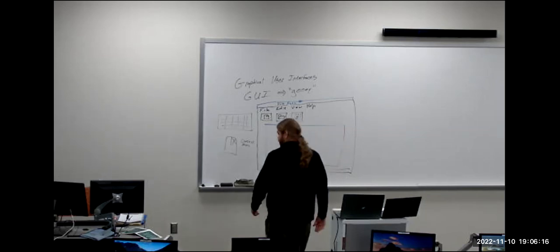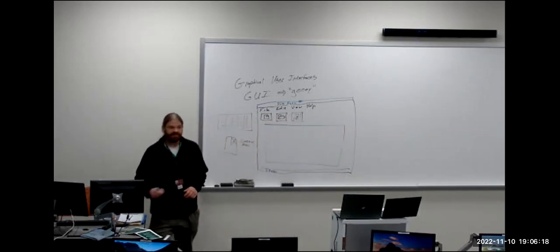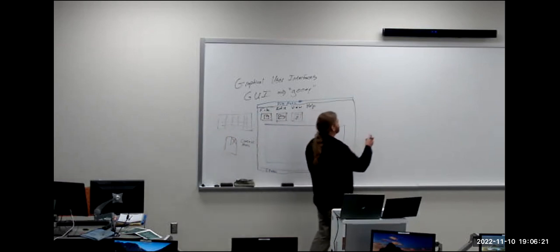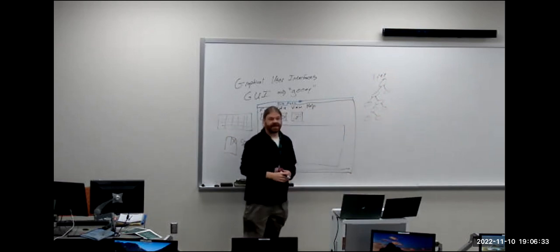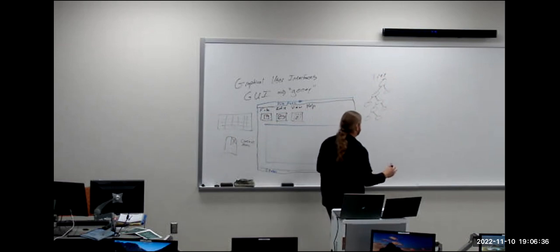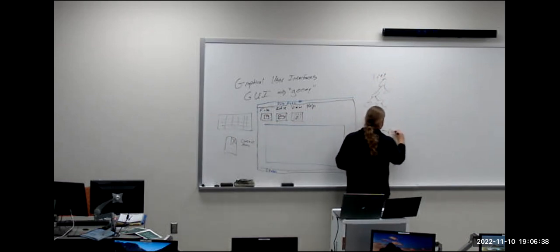We'll draw a quick picture on the board. Graph structure, so we have nodes, and you're probably used to nodes in like a tree hierarchy. You're probably used to nodes like that, so that's a tree. Graph is more general.